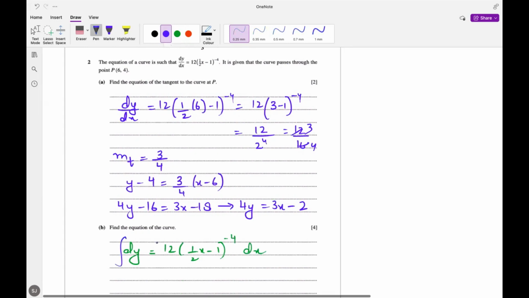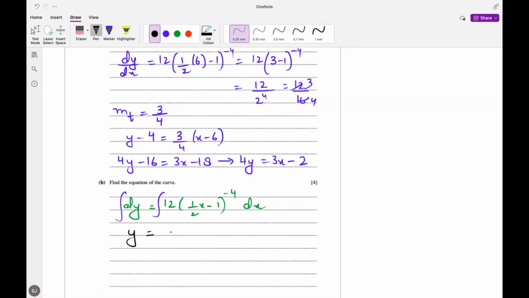Now putting the integration sign, integrating dy, that will become y = 12 into (1/2 x - 1). Increasing -4 by 1, that will become -3. We'll divide by -3 and also multiply by the derivative of (1/2 x - 1), which will be 1/2. And we'll add a plus c.